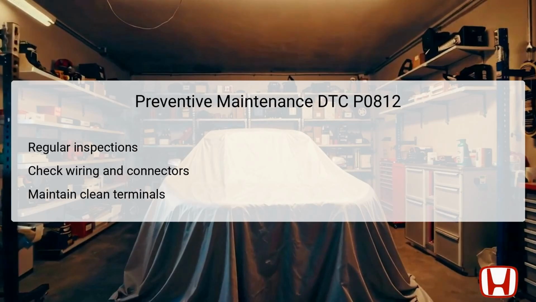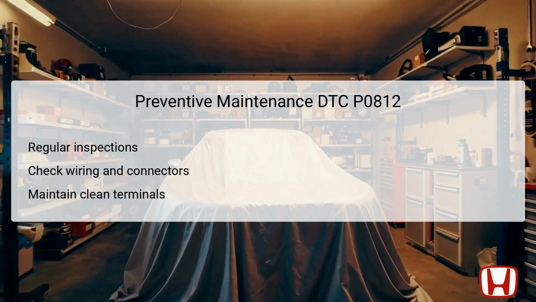Preventive maintenance is essential to ensure the longevity and reliability of the transmission range switch and overall vehicle performance. Regular inspections of both the switch and associated wiring can help identify issues before they become significant problems. It's important to look for fraying, corrosion, or loose connections that could affect electrical signals.